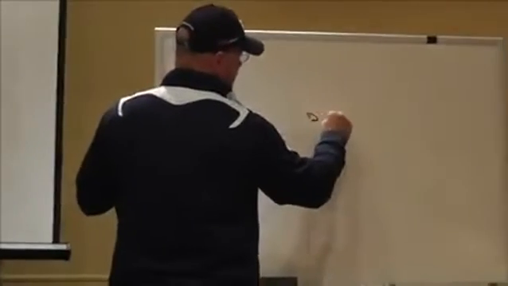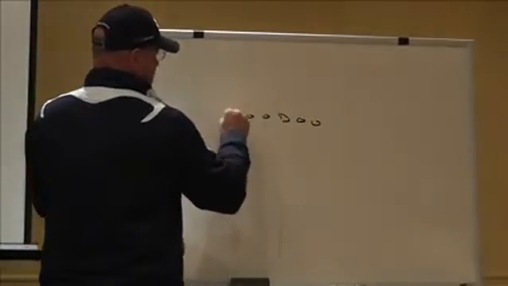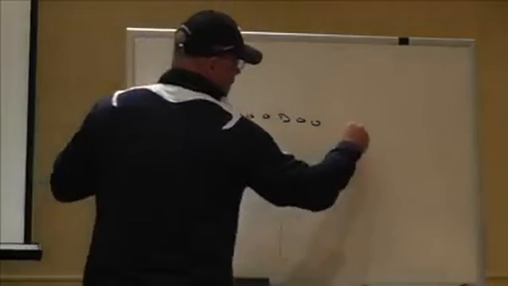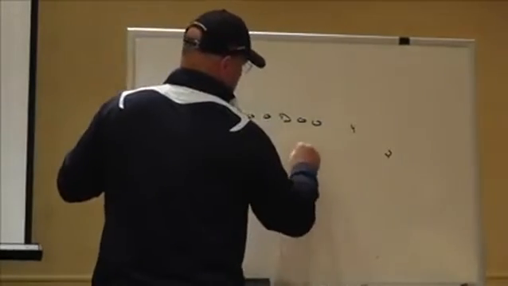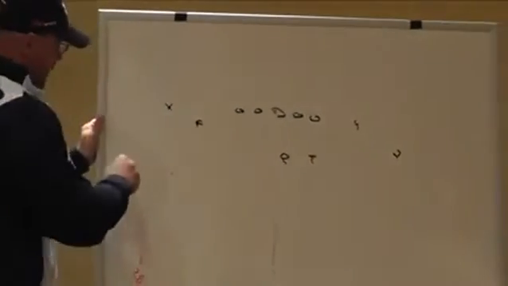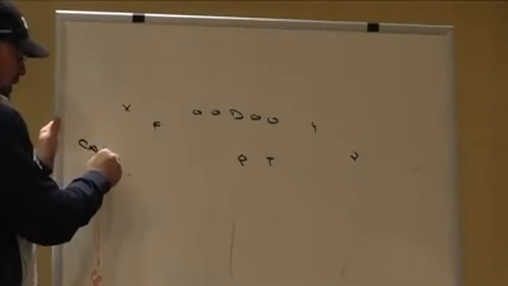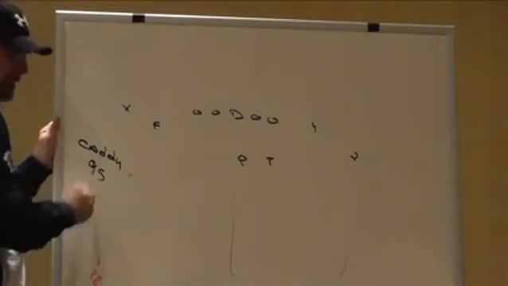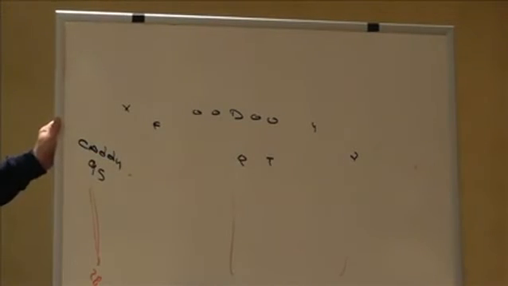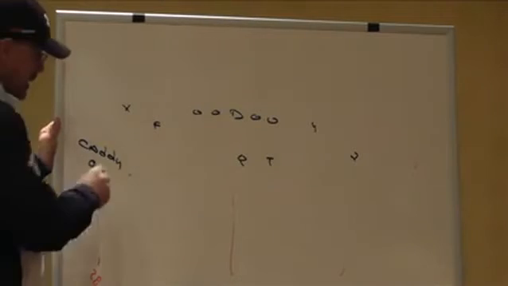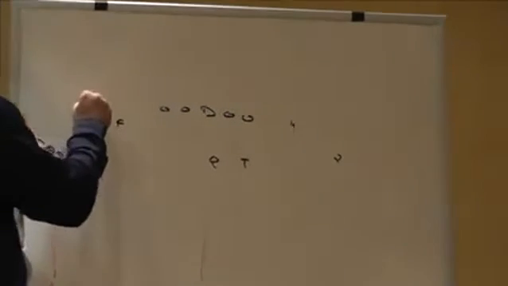So the thing you have to do is in your concepts. And here's just an example. We're at dual right, and we want to run caddy, or for you Hal Bummy guys, 95. Caddy, we know this.